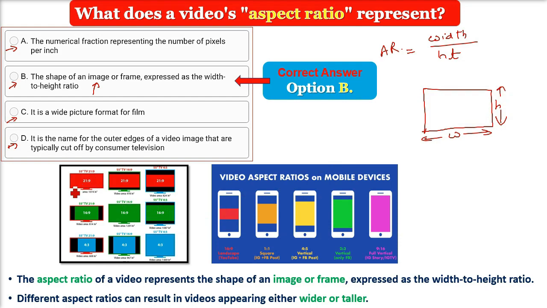Different aspect ratios can result in videos appearing either wide or taller, and understanding the aspect ratio is important for ensuring the proper formatting and viewing experience. So this is the width, this is the height, and W by H is the aspect ratio.